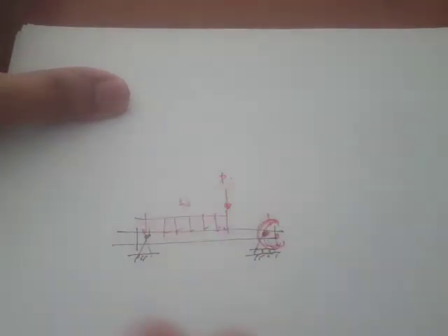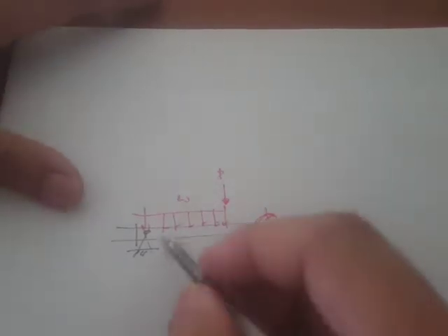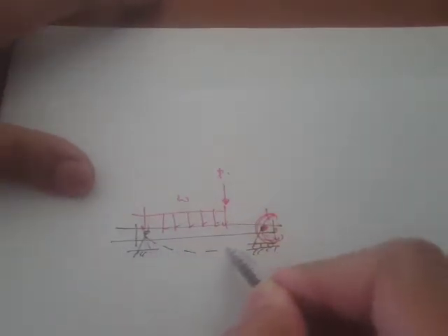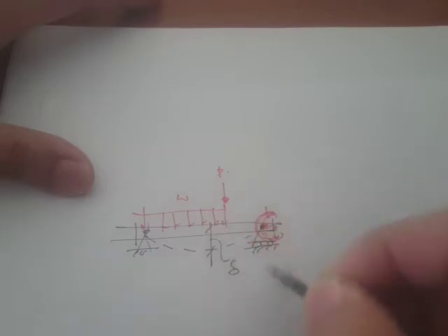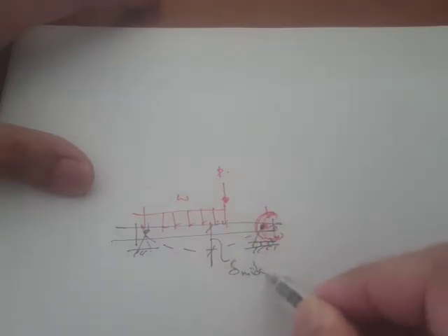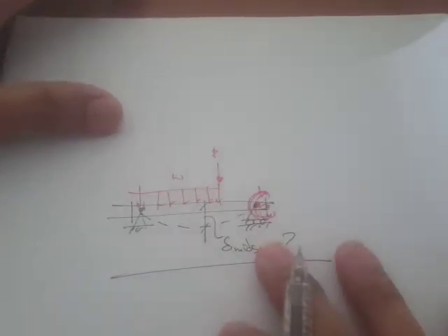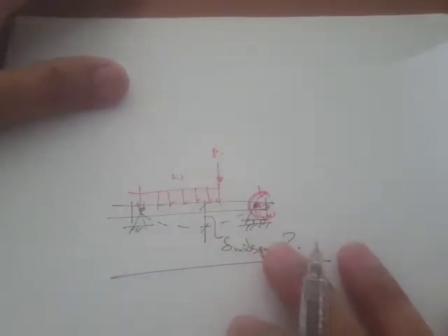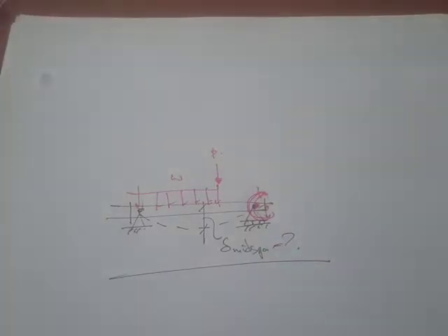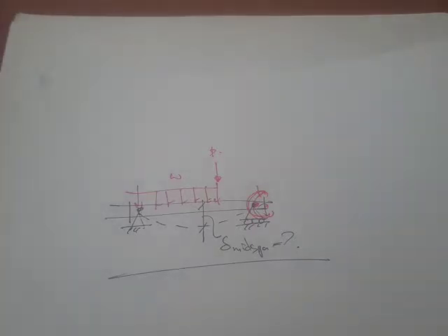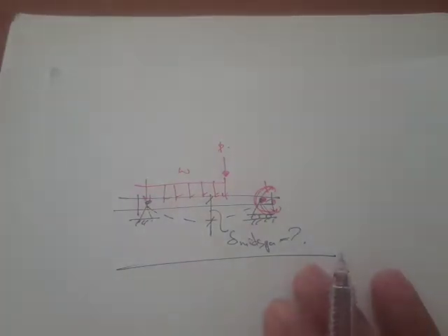How do we compute the deflection? Let's say we are going to find the deflection at the midspan right here. The use of the integration method would not be convenient, and therefore we need other methods such as this.